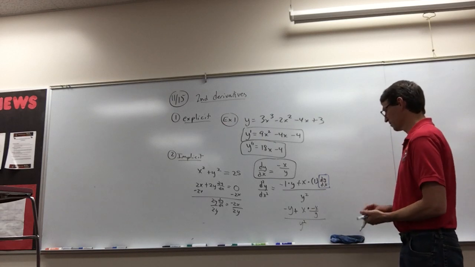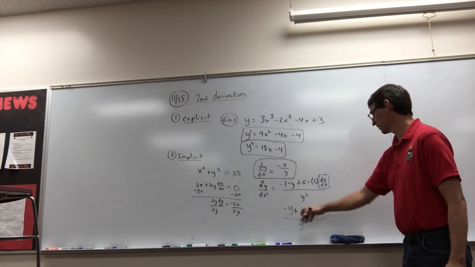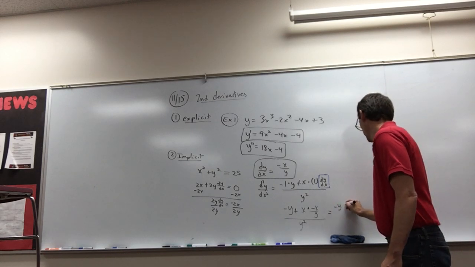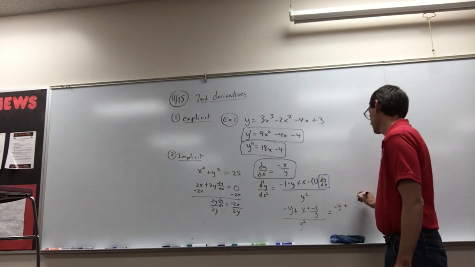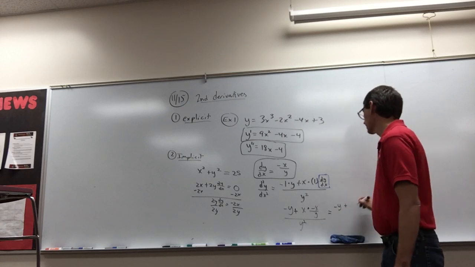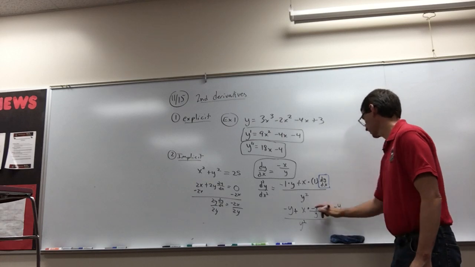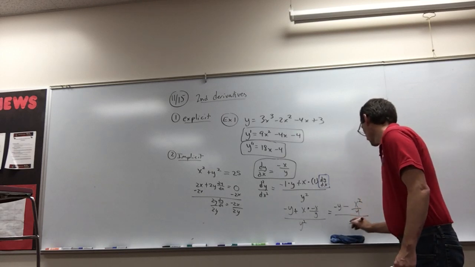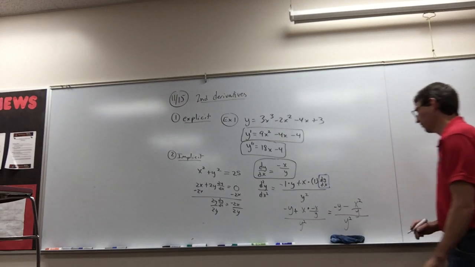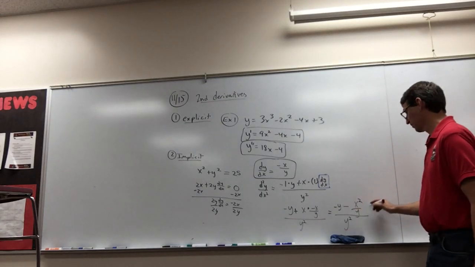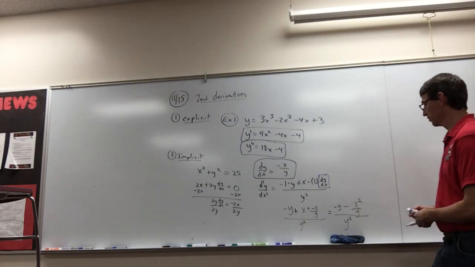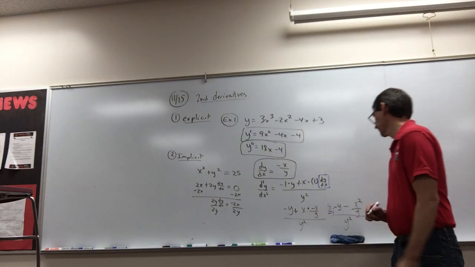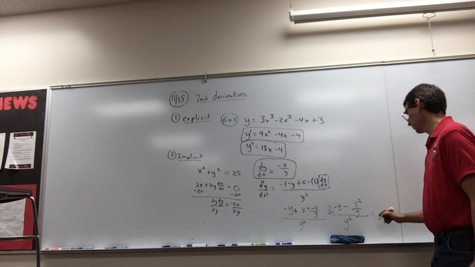Now, because I want to try to clean this up, I can combine. I'd have negative y minus x squared over y, because of the negative sign here, all over y squared. And if I wanted to write it so I didn't have a fraction over a fraction, we'd multiply this first term by y over y, and then I can rewrite the top.